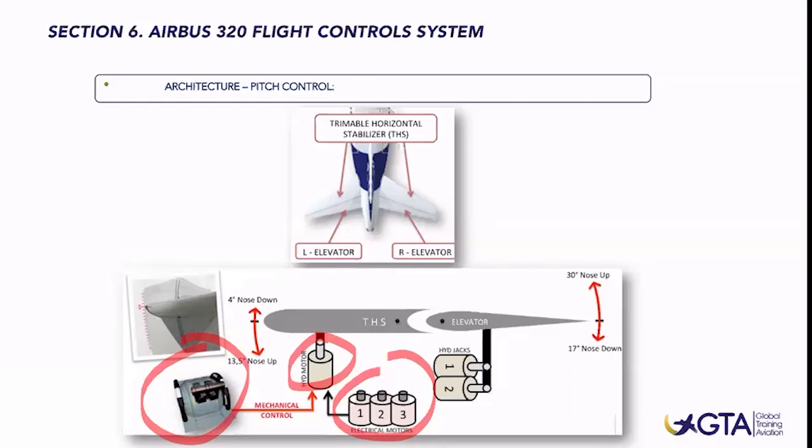And usually when we are in flight, those trim wheels will move automatically and the THS will move automatically just to keep the center of gravity within limits. But when needed in flight, we can move this pitch trim as well, as we will discuss in the next slides. Well, regarding the elevator, as I mentioned, we have 2 hydraulic jacks to move these surfaces.